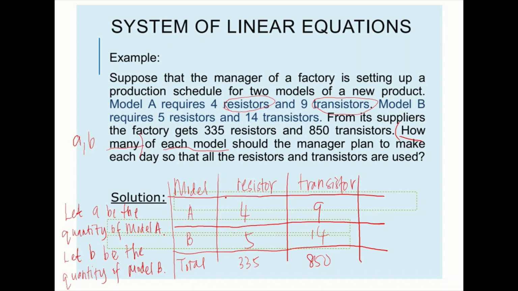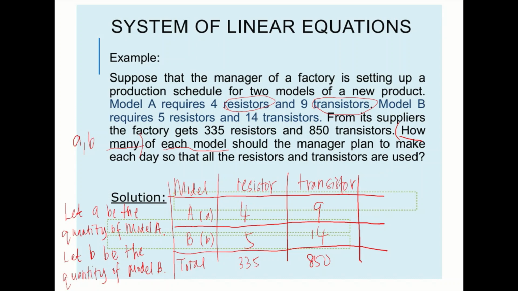So we have A and B. For model A, the quantity is A, and for model B, the quantity is B. So how many resistors in total do they need each day?